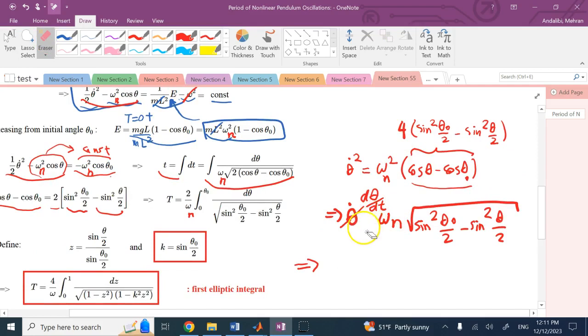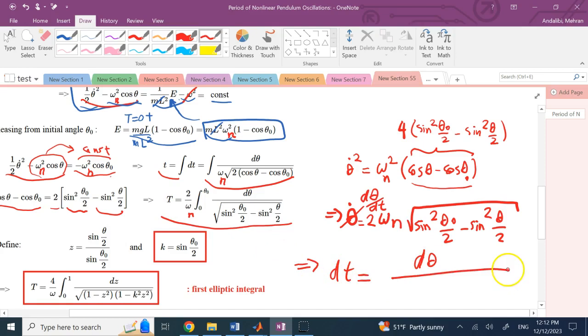That 4, when you take a square root, you'll get a 2. And let me write the previous step to it. So you get dt equals d theta over 2 omega n and then the square root term. This is what you will get.